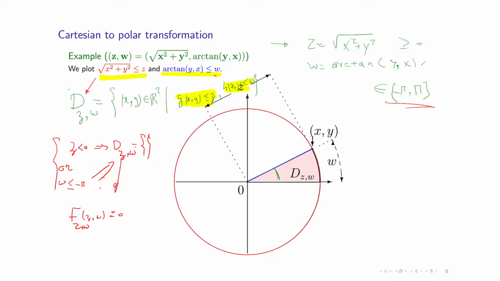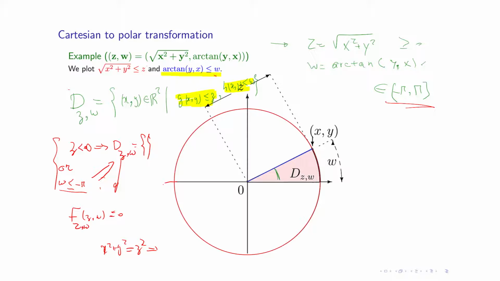However, if z is bigger than 0 and w is between minus pi and pi, then I could determine this. What is the set of xy points in the 2D plane which satisfy these? Obviously, if I draw x squared plus y squared equal to z, this is the equation of a circle.